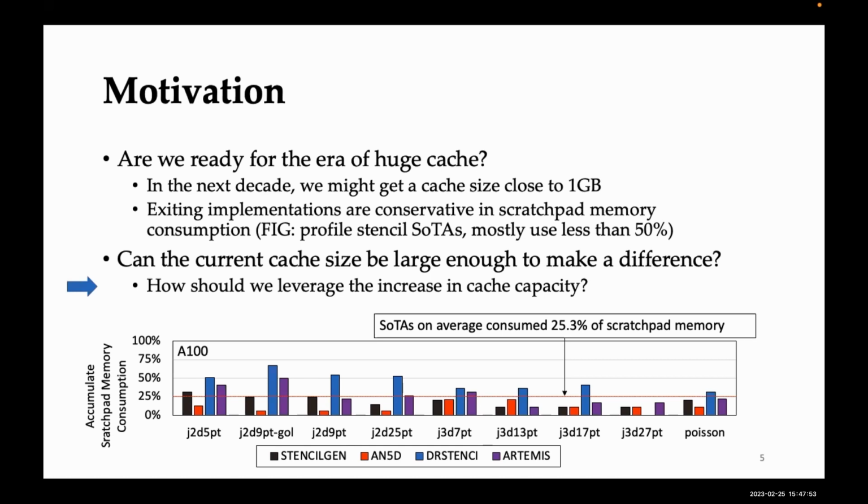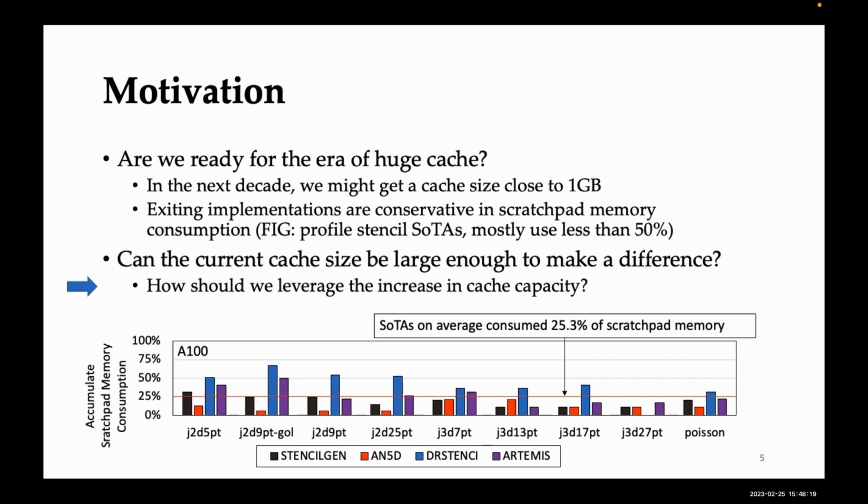A lot of codes were written, or a lot of the fundamentals of programming GPUs were developed, over 12 or 13 years ago on the assumption that you have a limited amount of shared memory or Scratchpad memory, and so they were very conservative in how they use it. So the question becomes, can we use this fact that the cache is increasing in size to be more aggressive in the way we optimize?